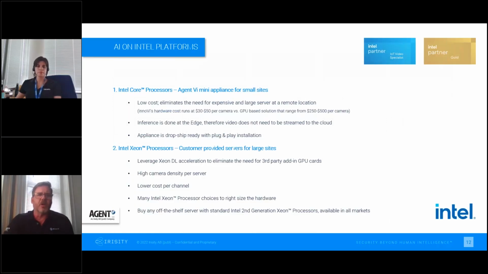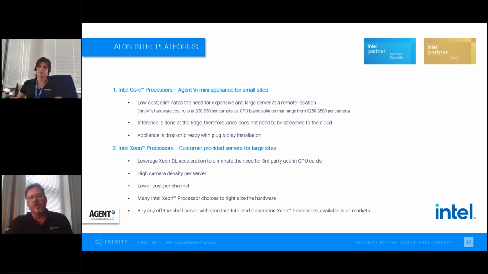Another key note for us is that we have opted to partner with Intel as opposed to NVIDIA. And this has given us some distinct advantages to develop our proprietary data science to deliver what we believe, and we're willing to prove, is the most accurate video analytics in the industry. But also it's a very scalable and robust system, and it is one less key dependence in the supply chain.